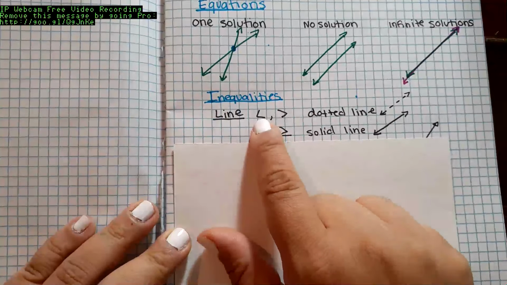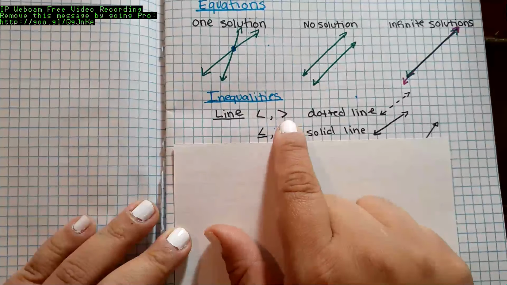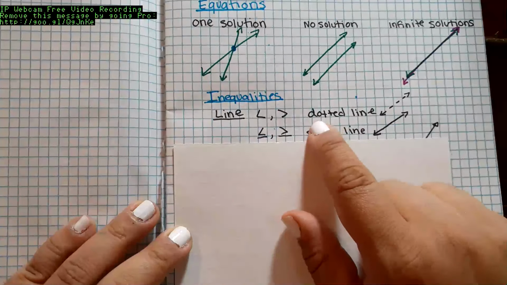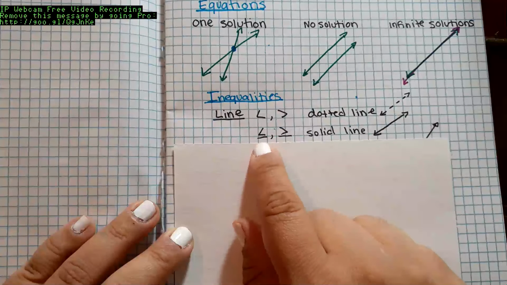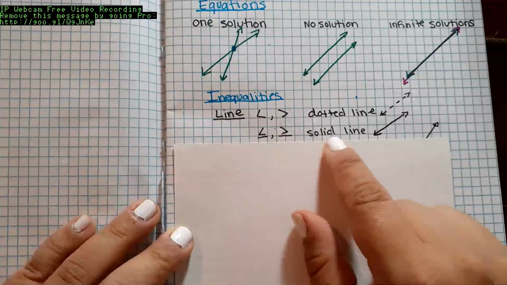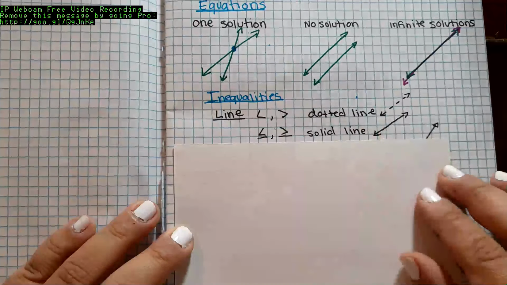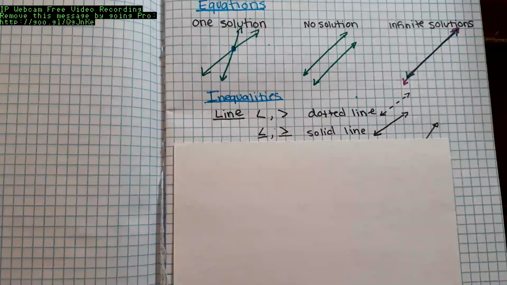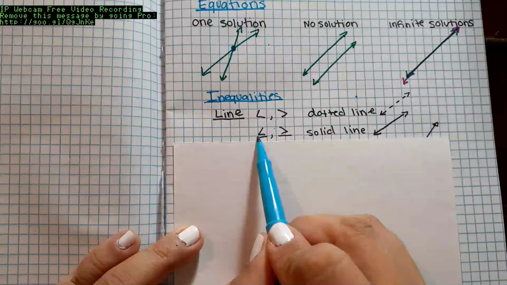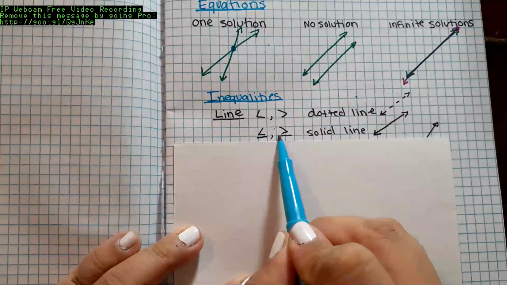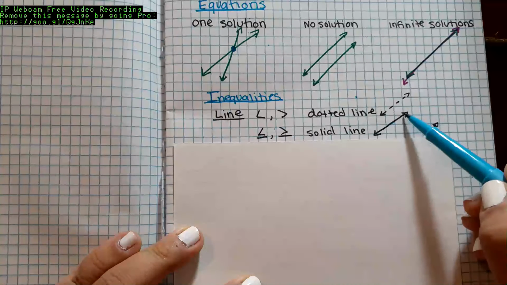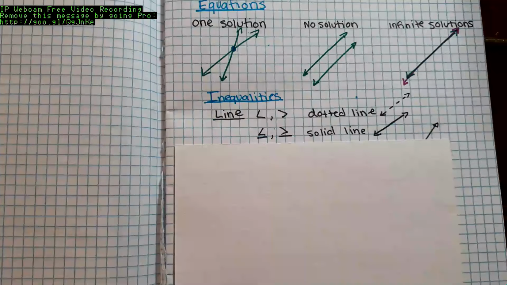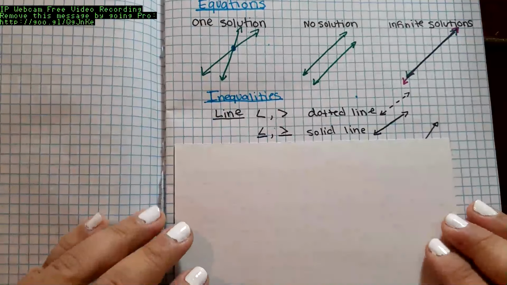If we have less than or greater than, we're going to draw our line with a dotted line. If it's less than or equal to, or greater than or equal to, it's going to be a solid line. The way that I remember that is that the equal to has a solid line on the bottom, so I know that when I graph my line, it's going to be a solid line.